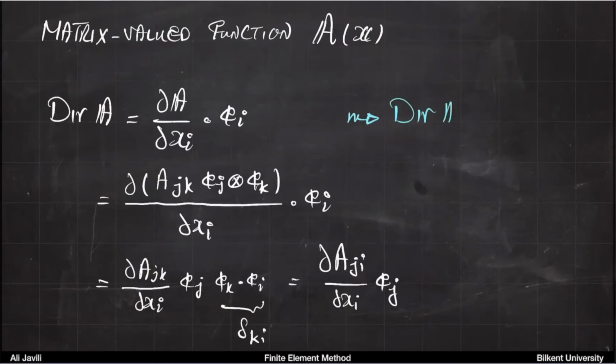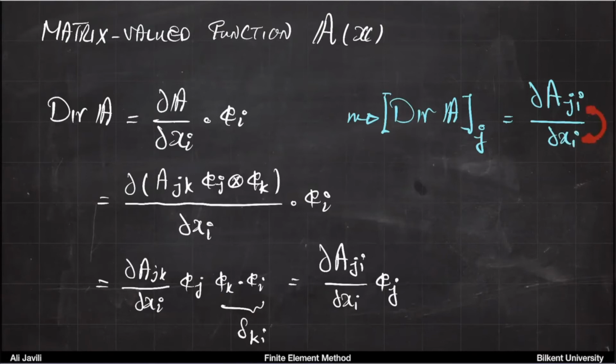The divergence of A, the j component of that, is the derivative of aji with respect to xi. Okay, now you can see i is repeated twice, so there's a summation over i, but j is free.